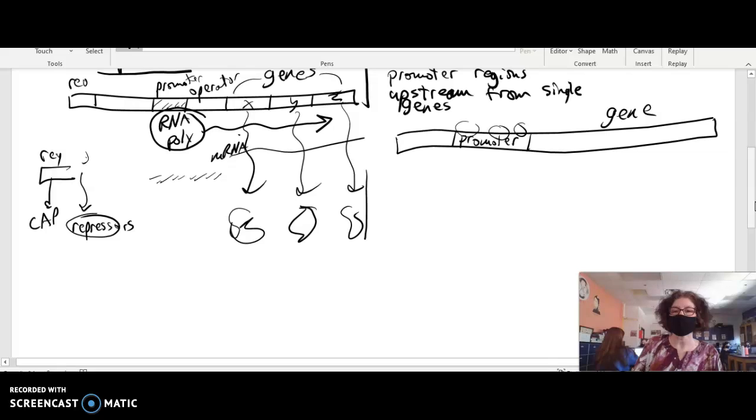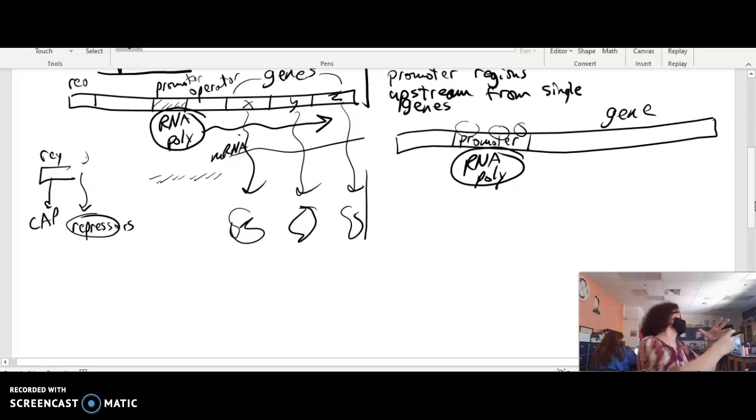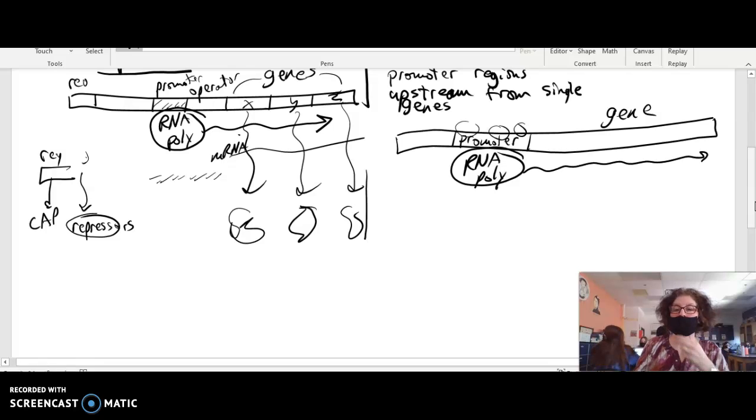Okay, and definitely you can't do that in a eukaryote, right? So let's say that you have RNA polymerase binds here successfully. Let's say that that went well, the transcription factors were there, the chromatin was unwound enough, all of those things were in place, and transcription starts. So then what happens next?